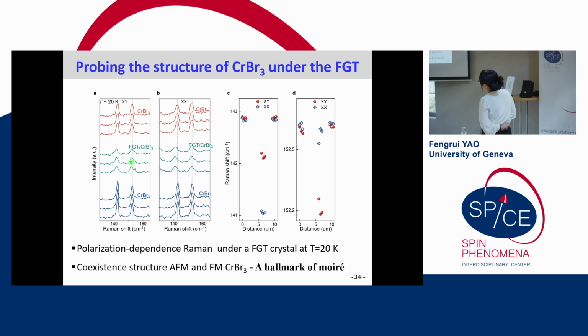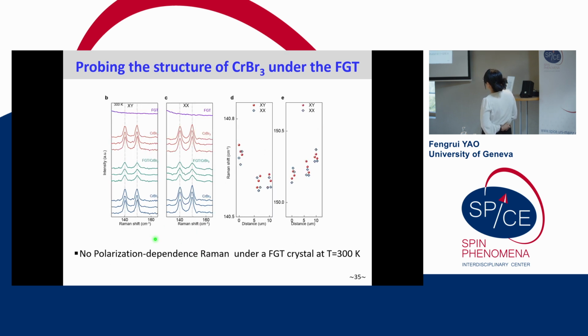And under FGT, we saw polarization dependent behavior, which means under FGT there could be coexisting structures of antiferro and ferro. But this is measured at low temperature. Surprisingly, when we did the same measurements at room temperature, we didn't observe polarization-dependent Raman spectroscopy, both without FGT and with FGT.